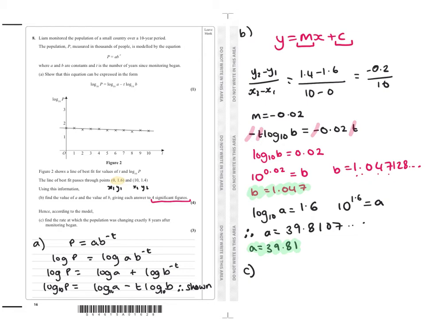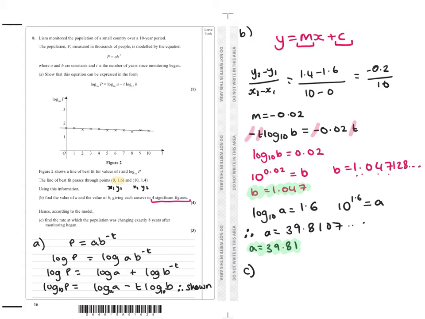Okay, if we're finding a rate of change, we should always think rate of change, differentiation. Okay, so we have essentially y equals mx plus c. So we want to differentiate what's happening.